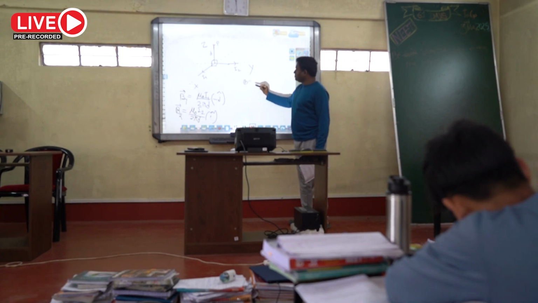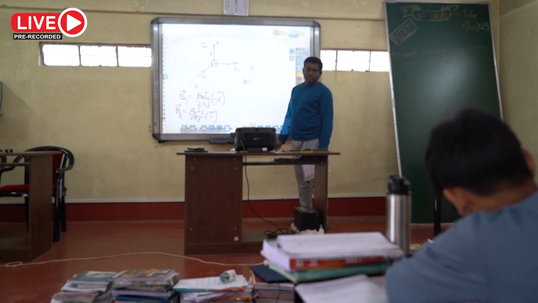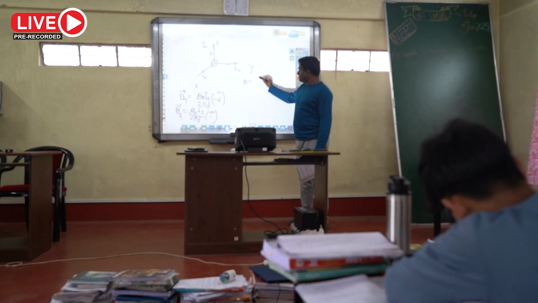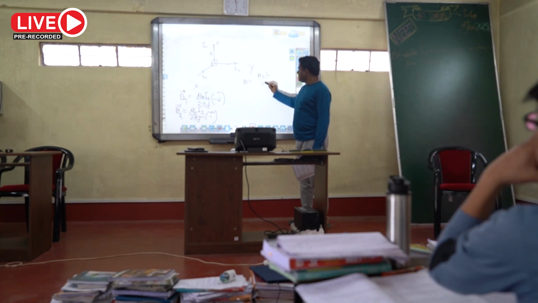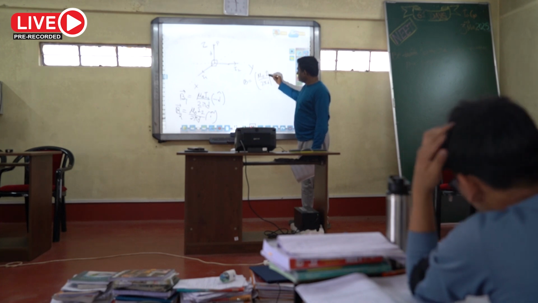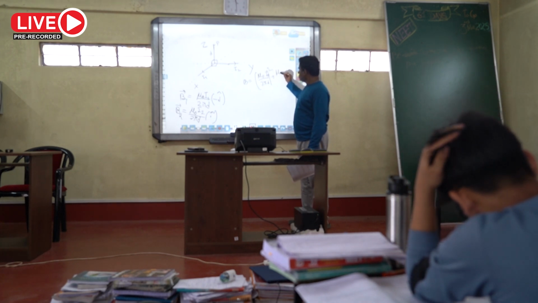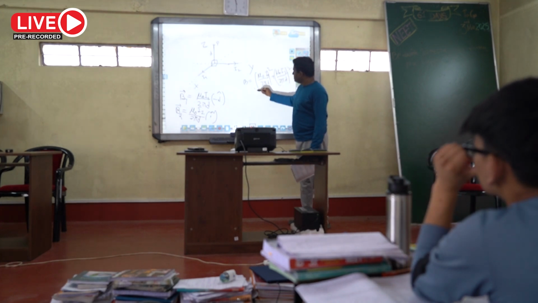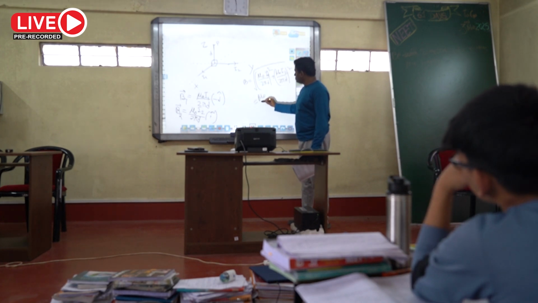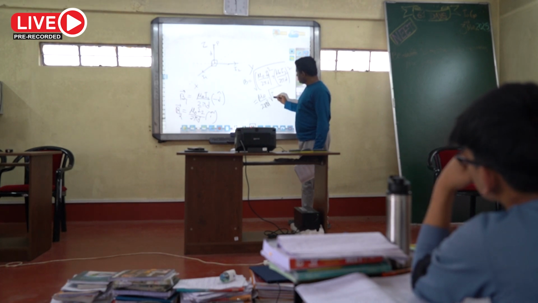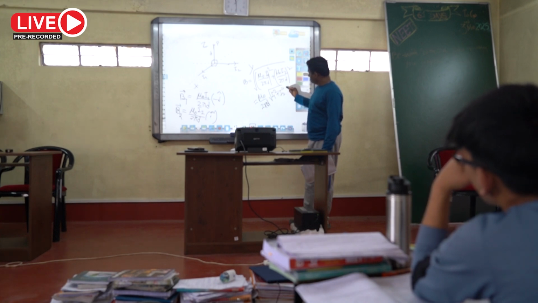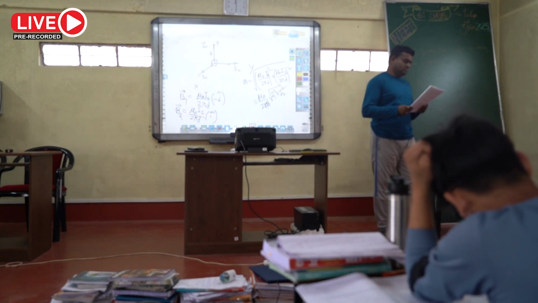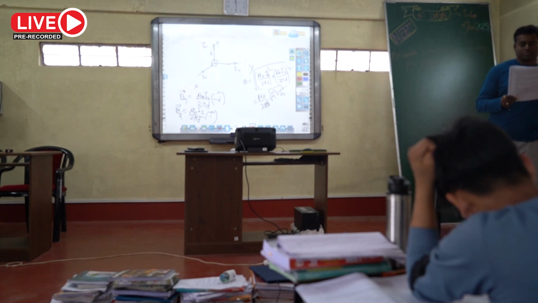That will be B equal to the square root of the sum of the squares: mu naught I1 by 2 pi d whole square plus mu naught I2 by 2 pi d whole square, then root. That means mu naught by 2 pi d comes out, and it will be root of I1 square plus I2 square. So option 4 is correct.